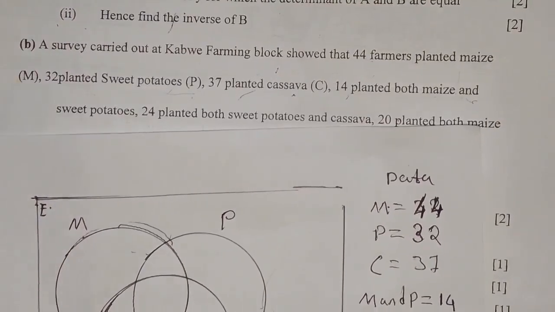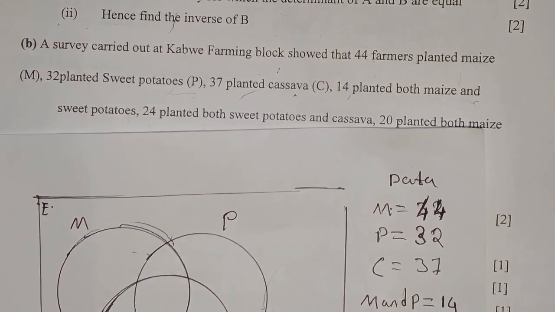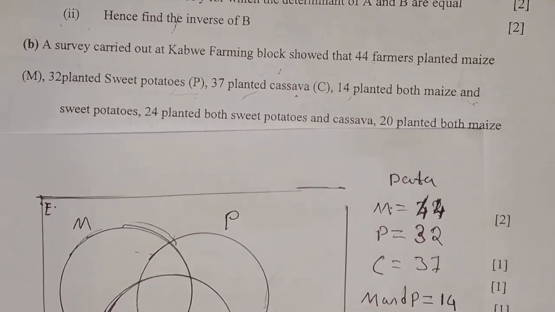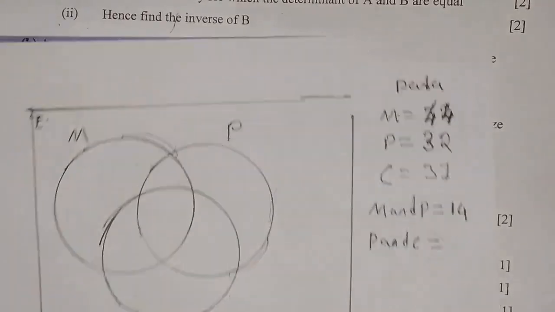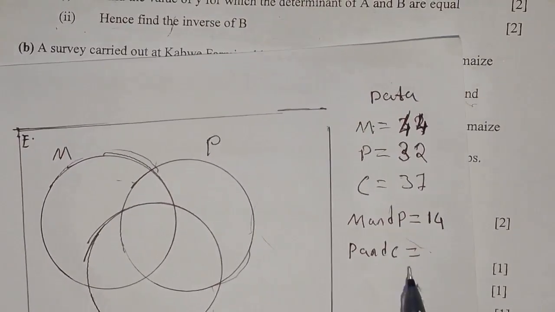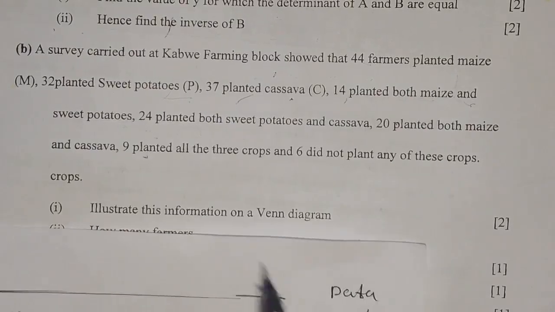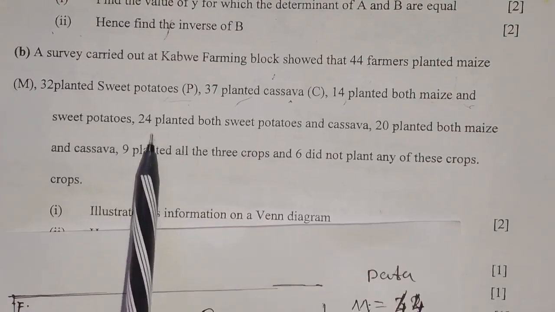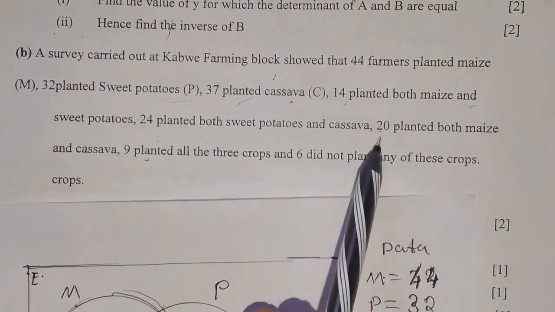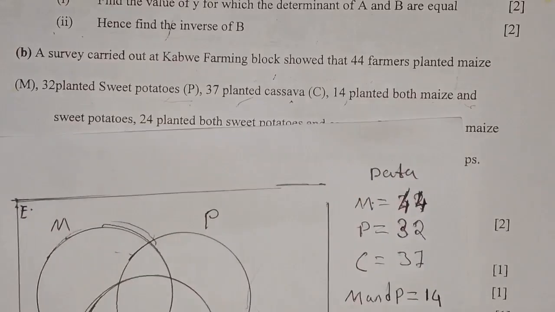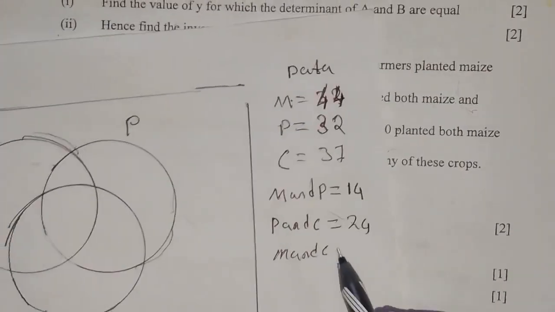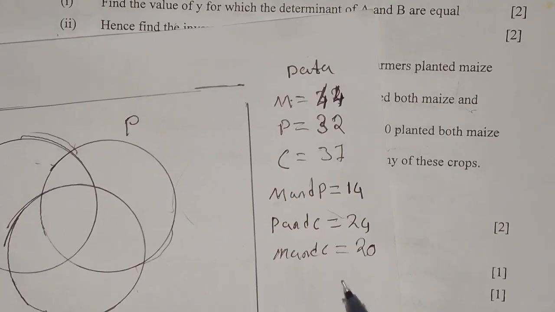We also have 24 who planted both sweet potatoes and cassava, so P and C is equal to 24. Make sure that you write this. And 20 planted both maize and cassava, so maize and cassava is equal to 20.